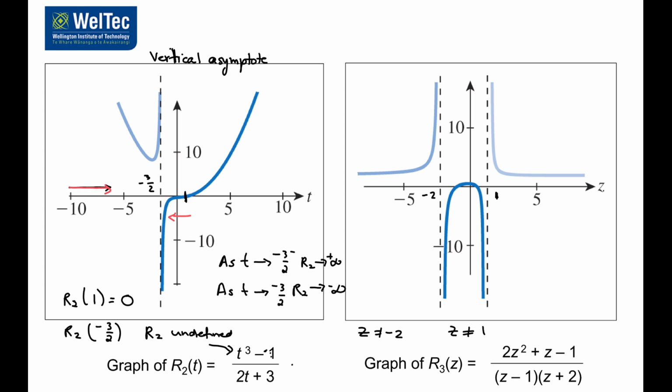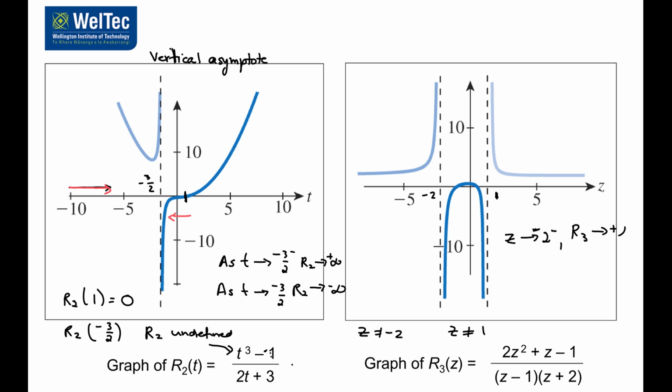And what we need to do, and the easiest way to do it, is to use your calculator and put in some values and have a look at what happens to the value of R3 as you approach negative 2 from the left. So we're coming to negative 2 from the left, and if you plug some values into R3, we find that R3 is going to go to positive infinity.